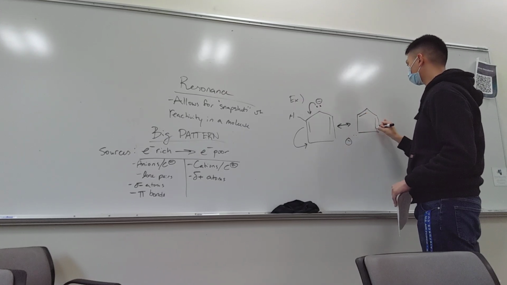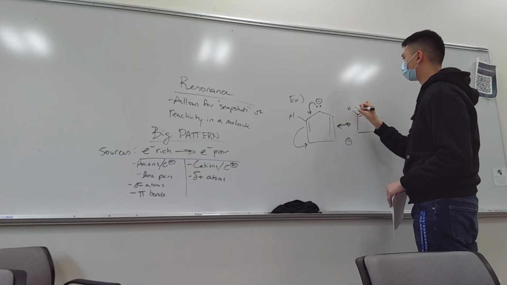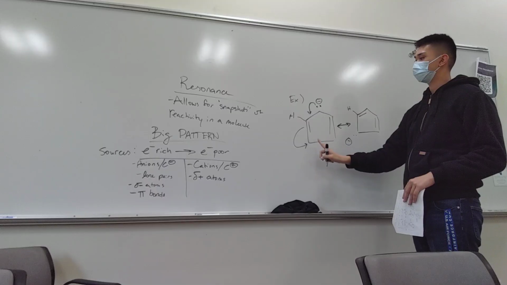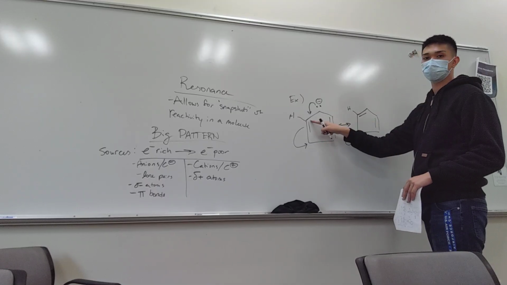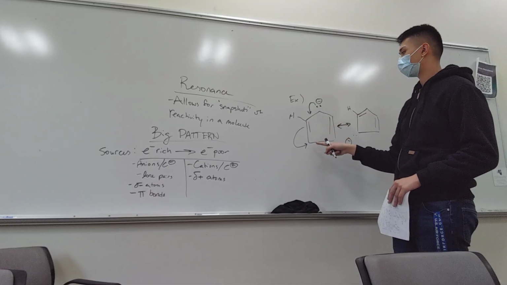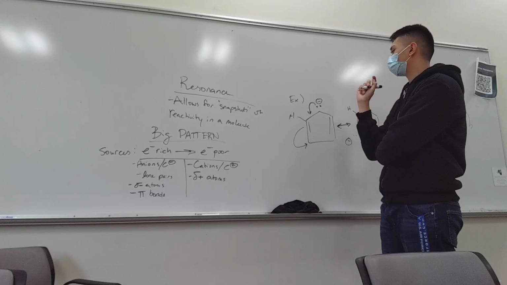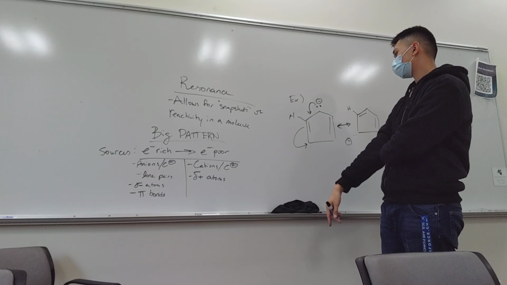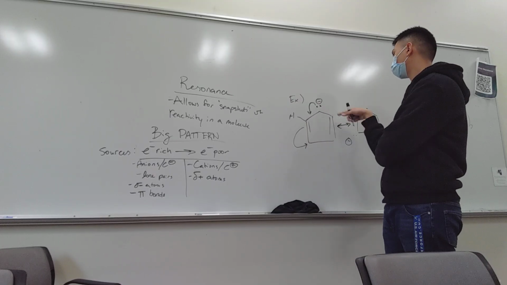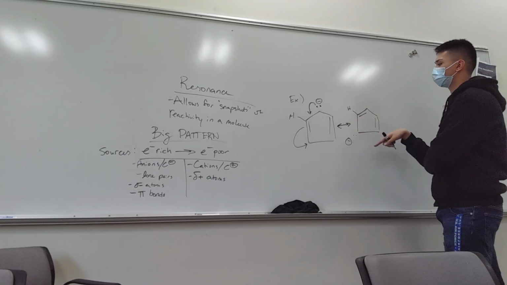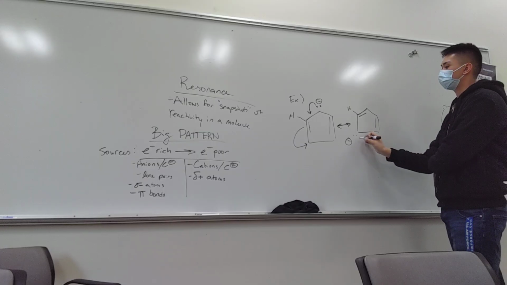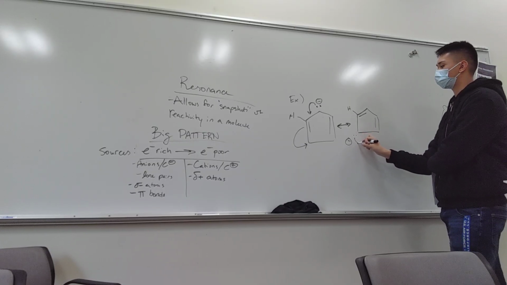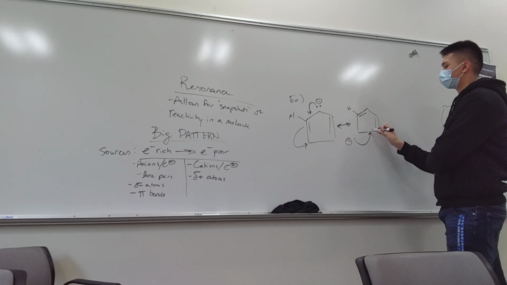So notice that I did not break this pi bond, nor did I exceed the octet here, nor did I break a sigma bond, a single bond, right? Also note that I have the same formal charge in both of these structures. Now can I do the same thing here? Of course, this carbon doesn't really want a negative charge, so it makes a pi bond there.